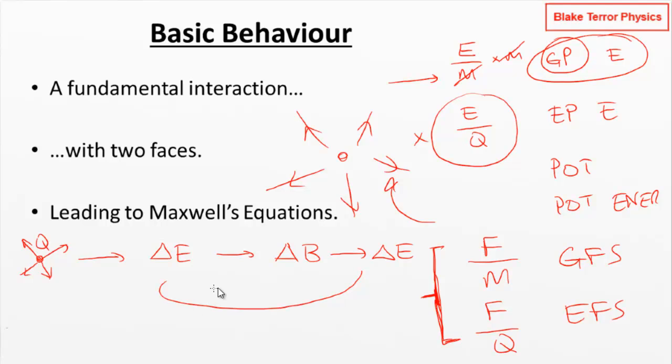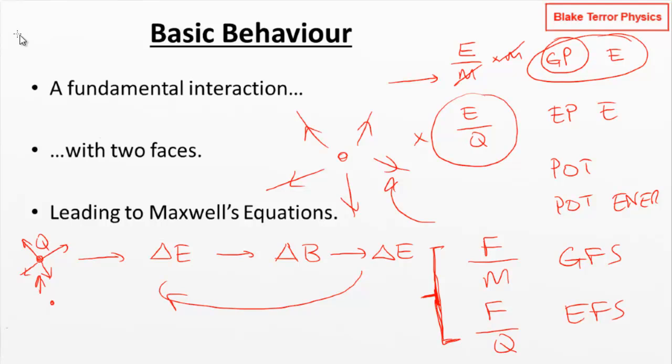So we've got this loop going on here, this perpetual cycle. Two fields that are interrelated, they're sustaining each other through their change. Changing electric field makes changing magnetic field, which makes changing electric field. So this initial disturbance of the moving electric charge then creates this perpetual cycle of oscillations.